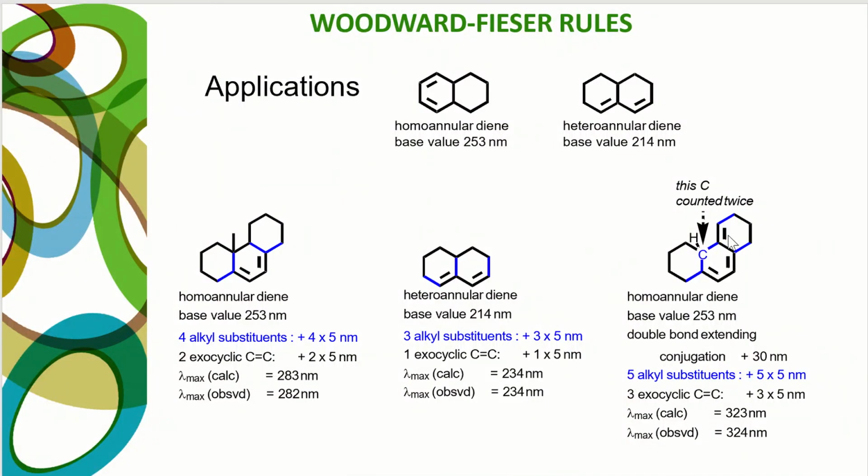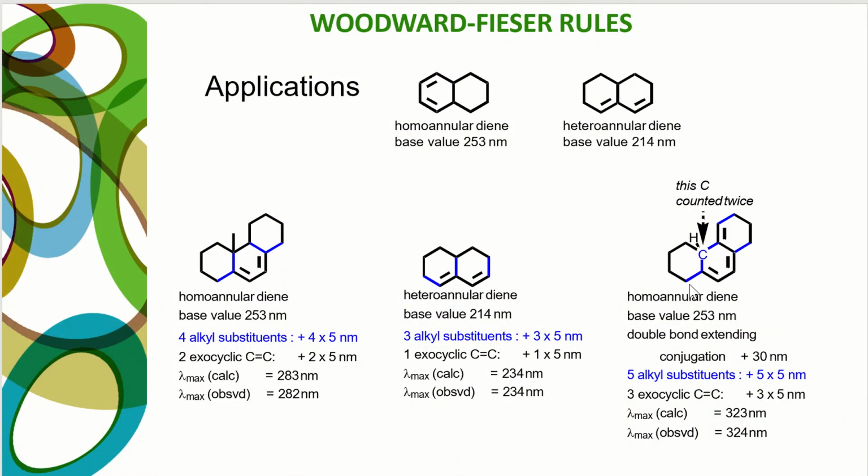And then finally, when you have a mixture of the homoannular and the heteroannular, the homoannular diene is used as the base value, which is 253 nanometers. In this case, we have the double bond extending the conjugation being 30 nanometers.